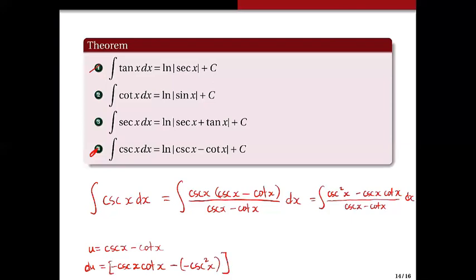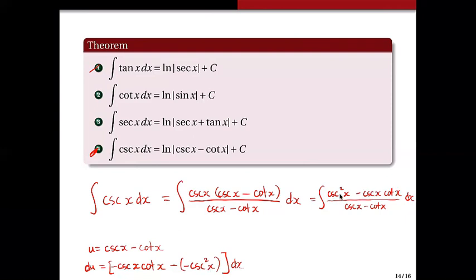And everything here is multiplied to dx. But in here you have negative times negative, so you get cosecant squared x. That's positive. And you have minus cosecant x cotangent x. That's precisely this denominator here.